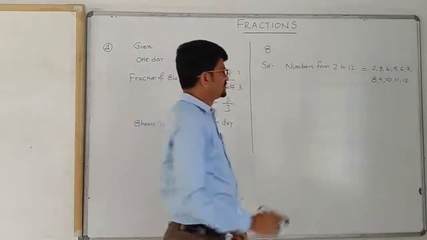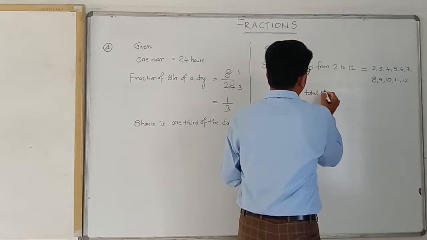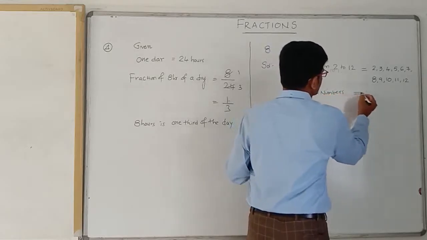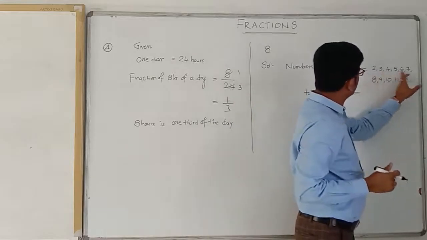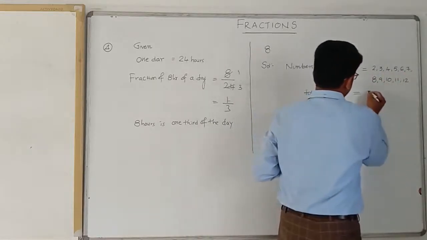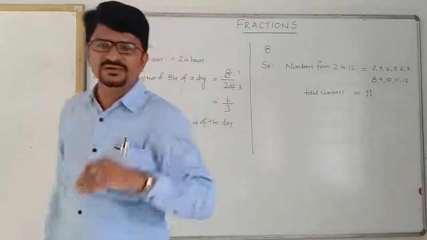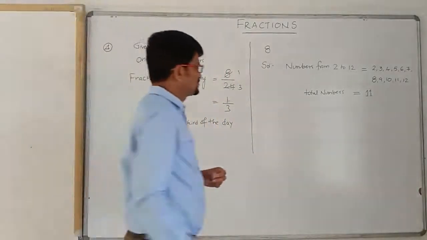Am I right? So how many total numbers are there? 1, 2, 3, 4, 5, 6, 7, 8, 9, 10, 11. 11 numbers. Next, in that, what do you have to find the fraction of? Prime numbers.